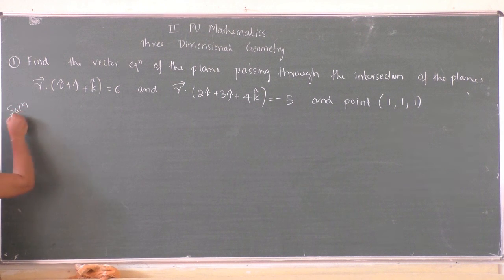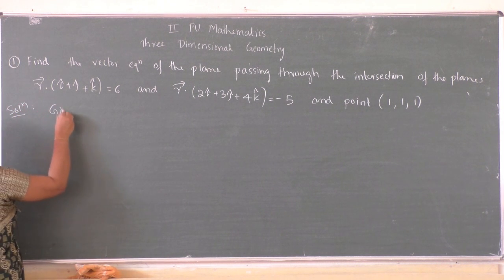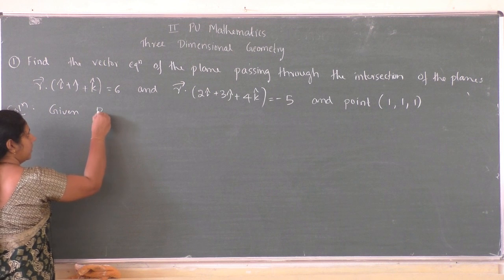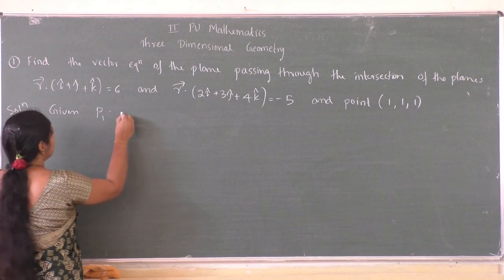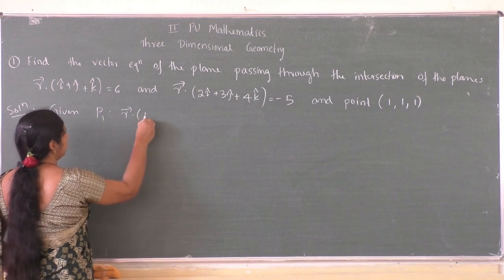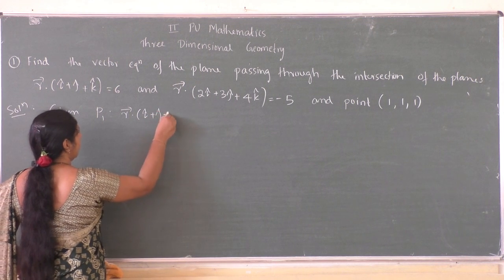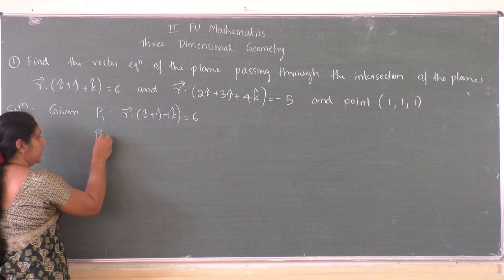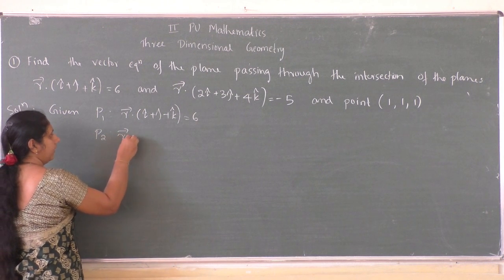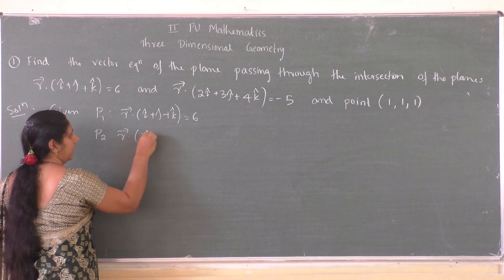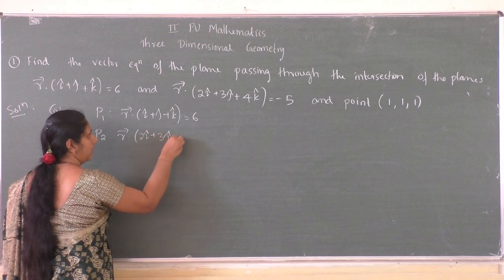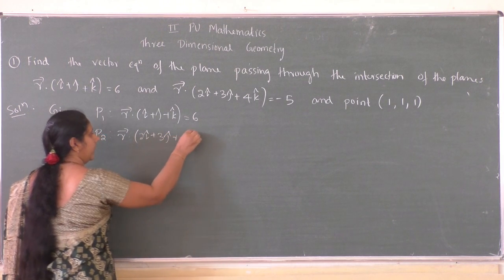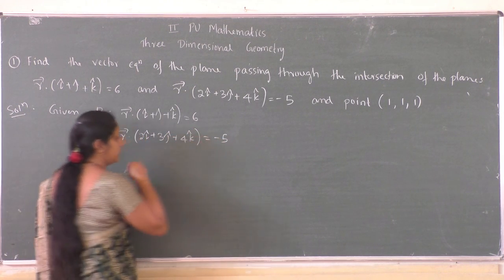So solution: given equation of P1, that is r vector dot i cap plus j cap plus k cap is equal to 6, and equation of P2 is r vector dot 2i cap plus 3j cap plus 4k cap is equal to -5.